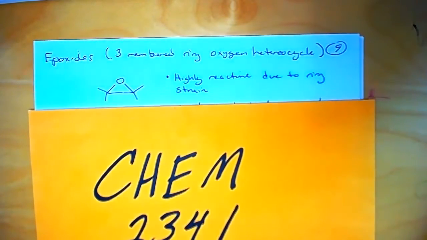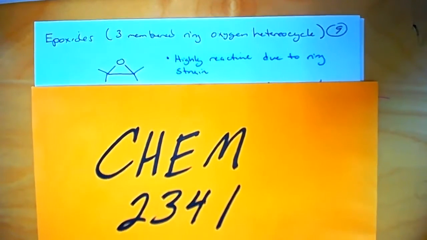Now, the next thing I want to talk about, we're getting into probably the most important stuff in this section, which is a discussion of three-membered oxygen heterocycles that are very useful in organic chemistry, called epoxides.